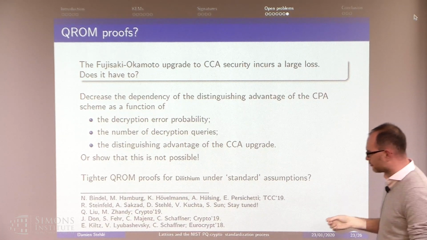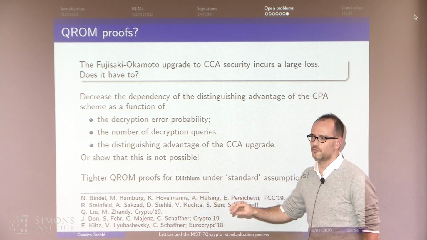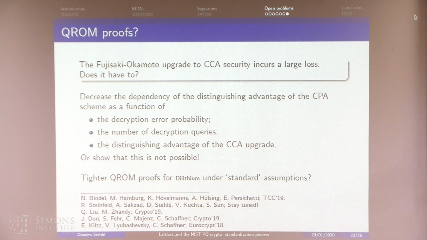And there is a paper by Liu and Zhandry which has a QROM proof, but a degradation in terms of the number of signature queries, which is very bad. So there is room for improvement in this line of questions.